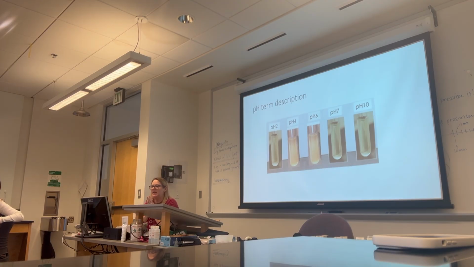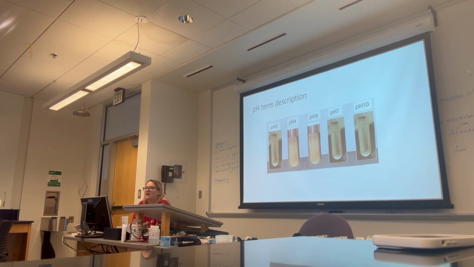Okay, so for pH, pH 4 and pH 6 has the cloudiness for this one. So what do we call this organism? What is pH 4? Is it acid, neutral, or alkaline?